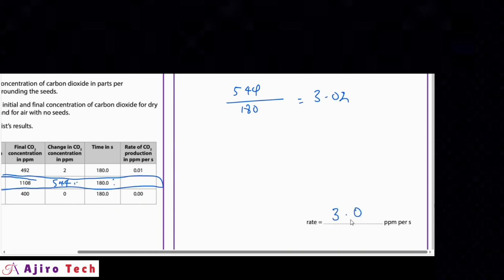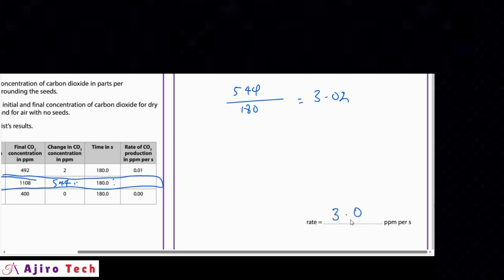The respiring seeds produce the highest change in the carbon dioxide concentration. Yes, that is one result.